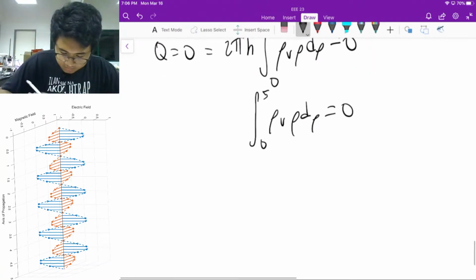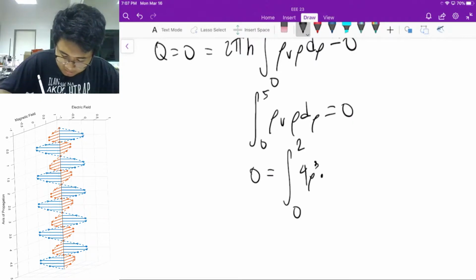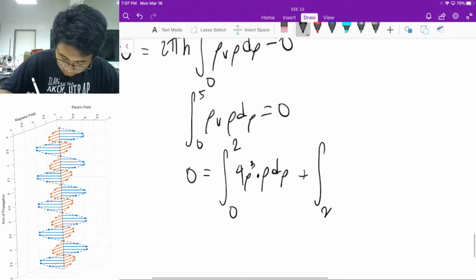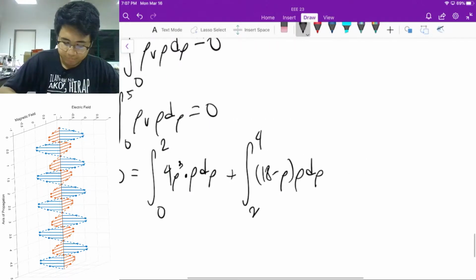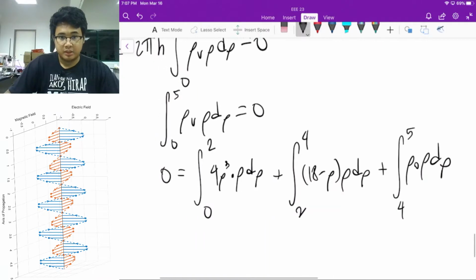So this 0 must be equal to the integral from 0 to 2 of 4 rho cubed times rho d rho, plus the integral from 2 to 4 of 18 minus rho times rho d rho. And finally, the integral from 4 to 5 of rho naught times rho d rho. Okay?